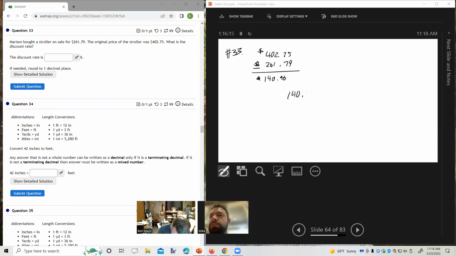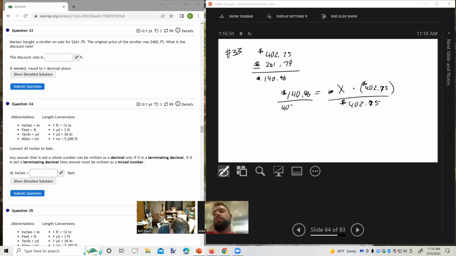So 140.96 is what percent of 402.75? Okay. Divide both sides by $402.75. Let's see here. Hang on. That's a 7. That's a 7. Yeah. Can't read my own writing. Divided by 402.75.